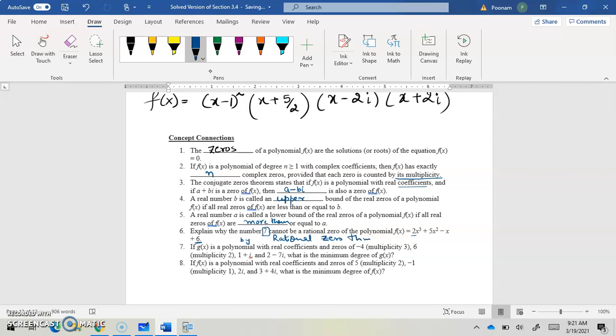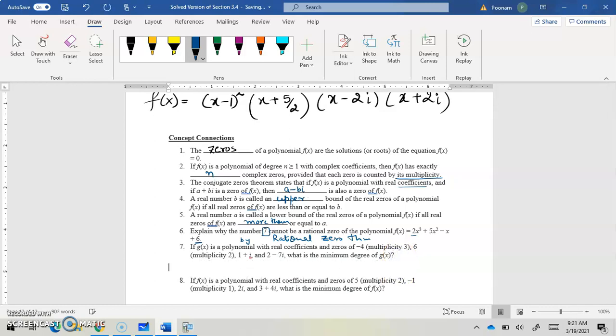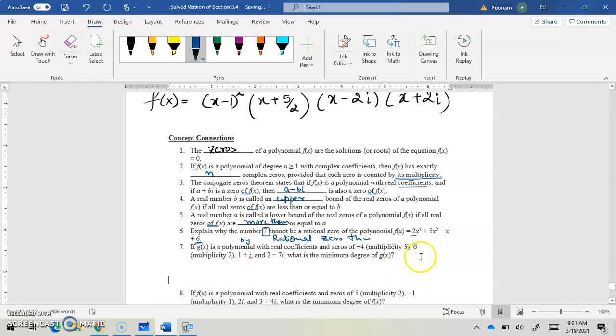If g of x is a polynomial with real coefficients and zeros of negative 4 with multiplicity 3, 6 with multiplicity 2, 1 plus iota, 2 minus 7 iota. Now if 1 plus iota is a root, then 1 minus iota will be a root.